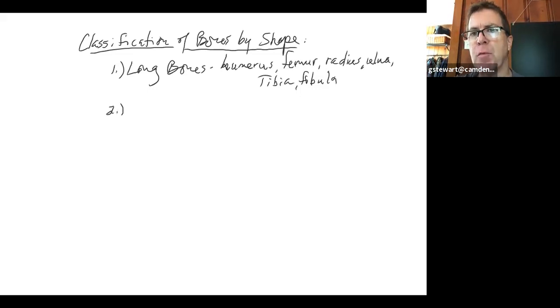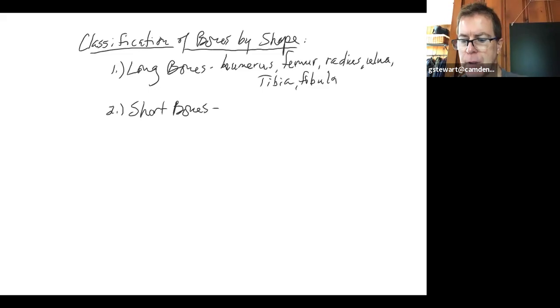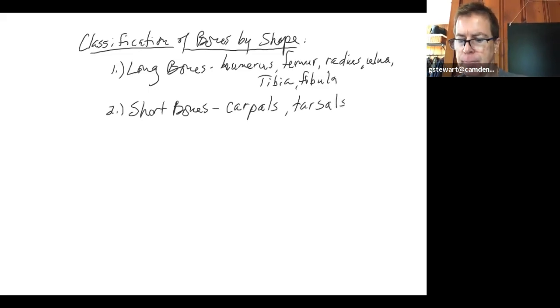Number 2, short bones. These are things like, specifically, carpal bones. Those are wrist bones. Tarsals are ankle bones. And sesamoid bones typically fall within this category.